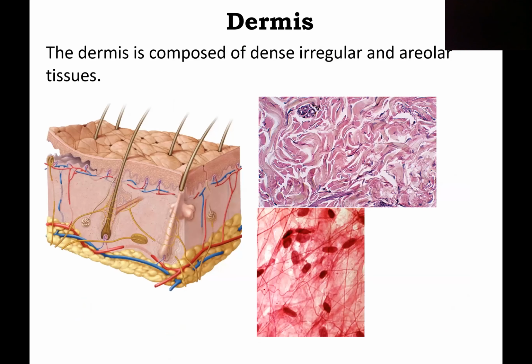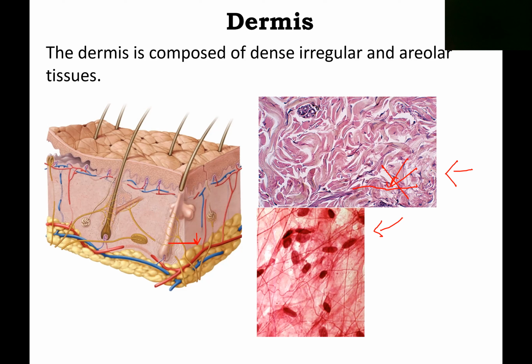Okay, the dermis is the middle region of the skin. It's typically the thickest layer. It's composed of dense irregular tissue, which we see here, and areolar tissue. The areolar tissue helps to anchor the dense irregular to the epidermis and to help anchor it to the subcutaneous layer.